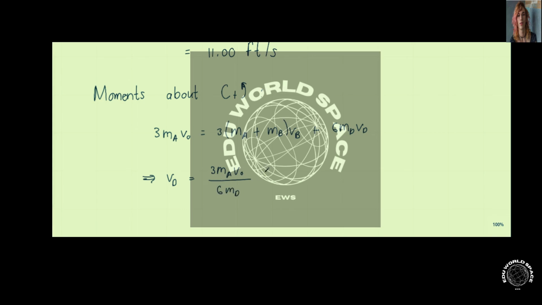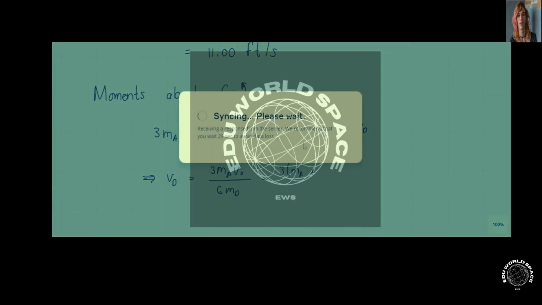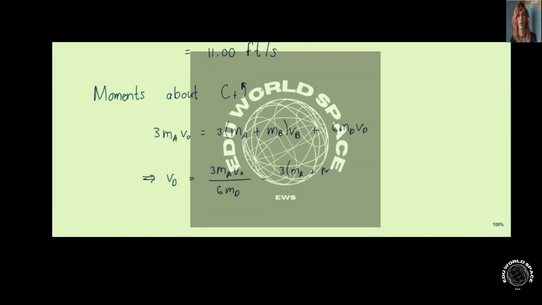Remember, all the masses of the disks are known, minus 3 into ma plus mb over 6 md multiplied by speed of disk B, vb.